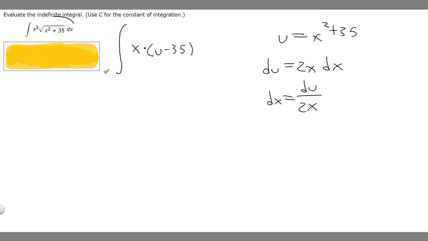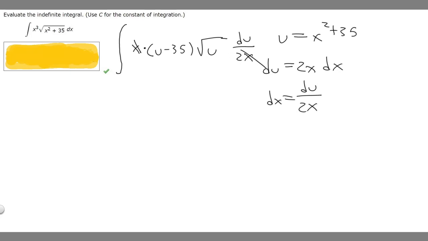And then we have the square root of x squared plus 35. What we want to do is replace that with u. So the square root of u, since x squared plus 35 is u, right? And then multiply by du over 2x. Now what we can do is this x right here and this x right here can cancel. And we just have a 2 on the bottom, so that's just 1/2 basically.